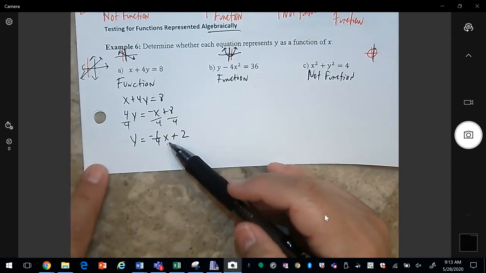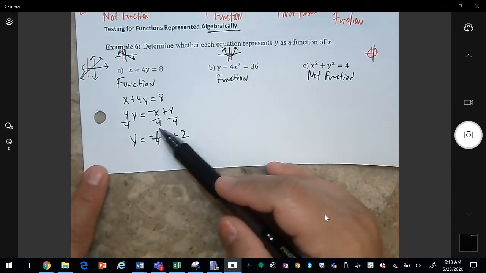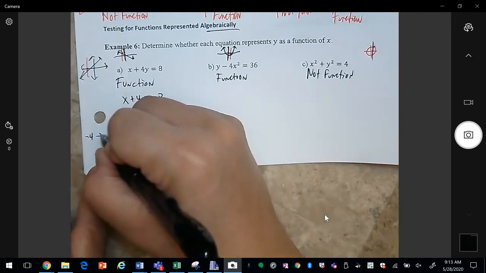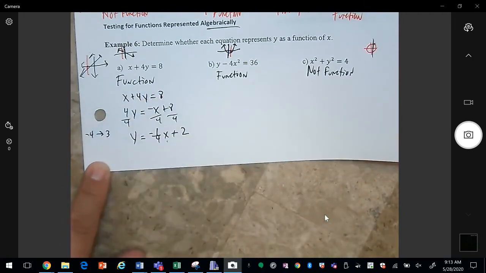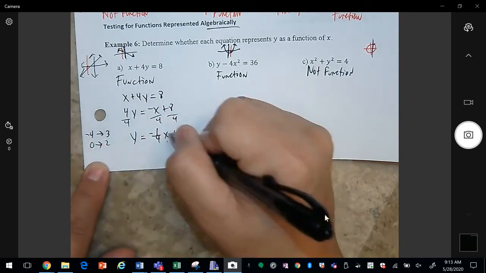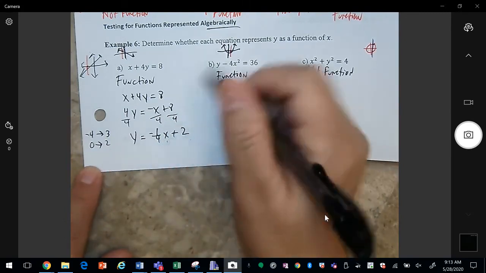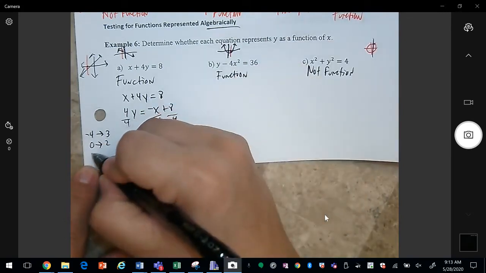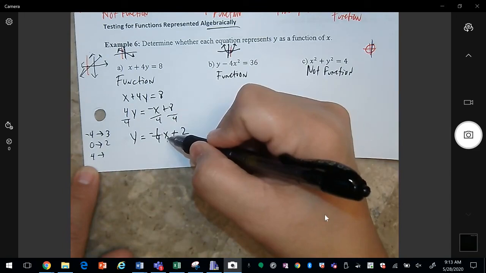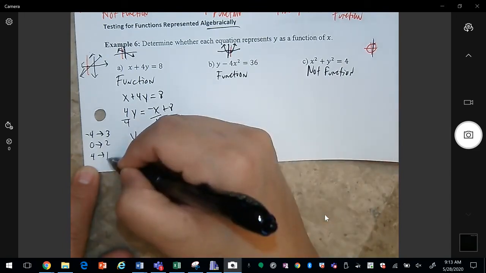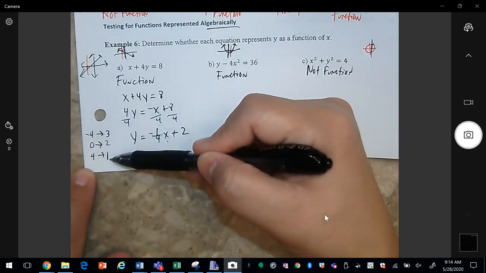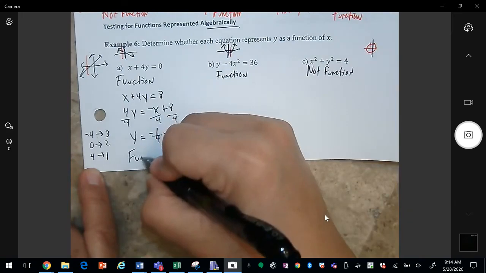So for example, if I enter a -4, this would become 1 plus 2 is 3. If I enter a 0, then my answer is going to be 2. And if I enter a +4, -1/4 times 4 is -1, plus 2 will give me a 1. So you can see that these values are going just to one item. So this is going to be a function.